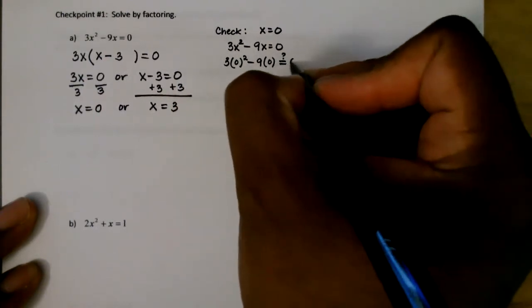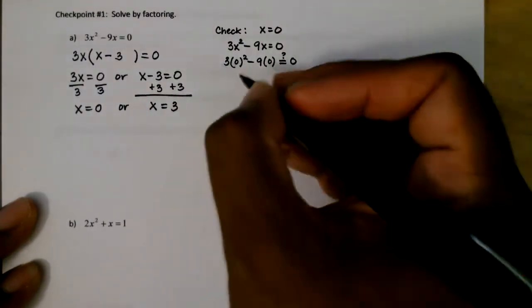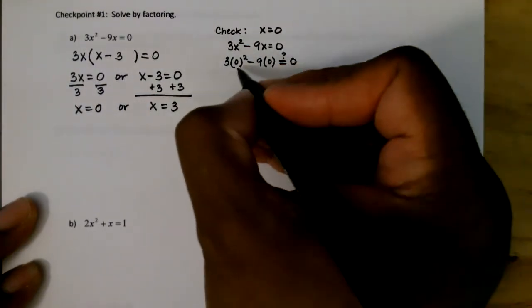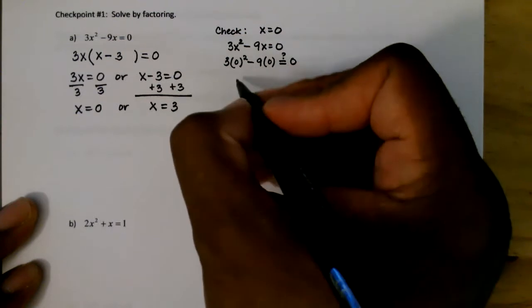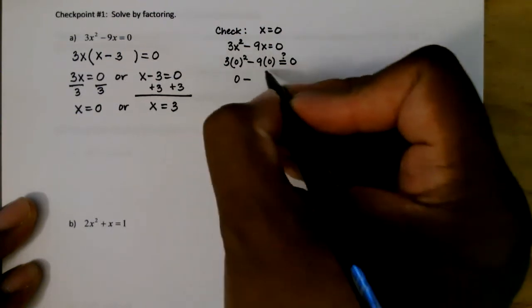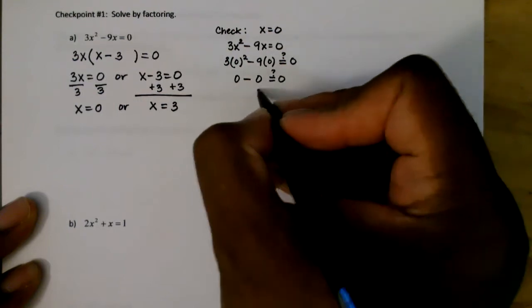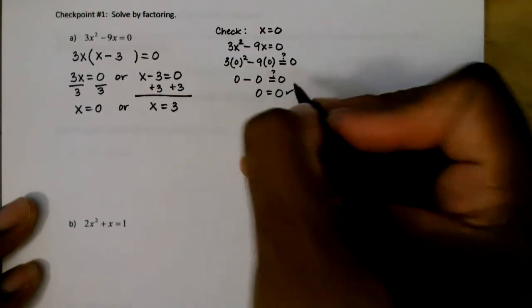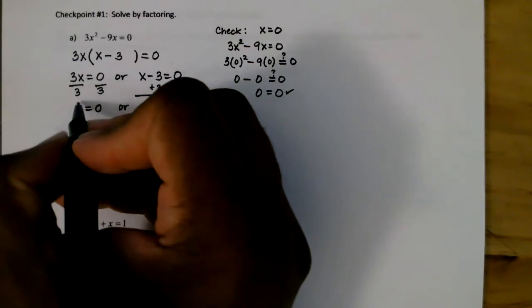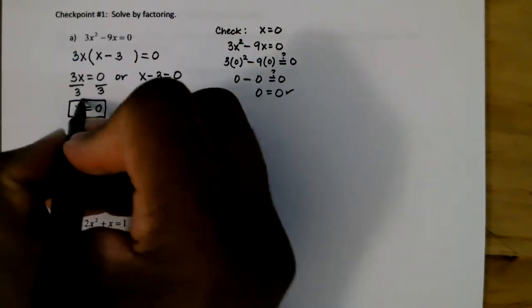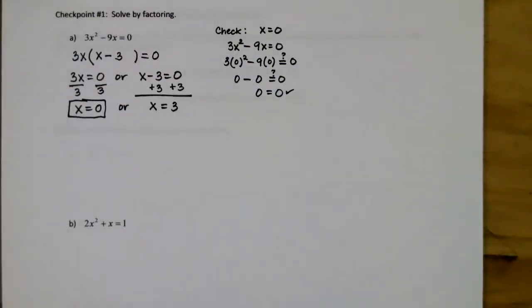I want to know if that's going to be equal to 0. Well, 0 squared is 0. 0 times the 3 in front is going to be 0. Minus 9 times 0 is 0. And of course, 0 minus 0 does equal to 0, so that checks. So I know here that x equals 0 is a solution.